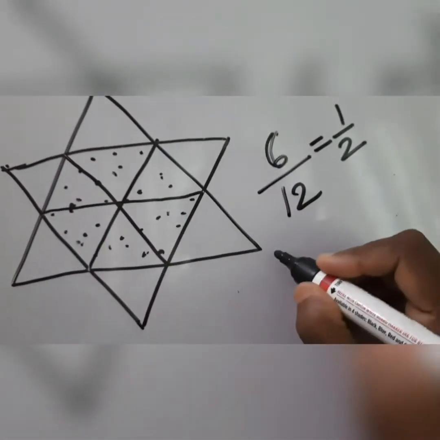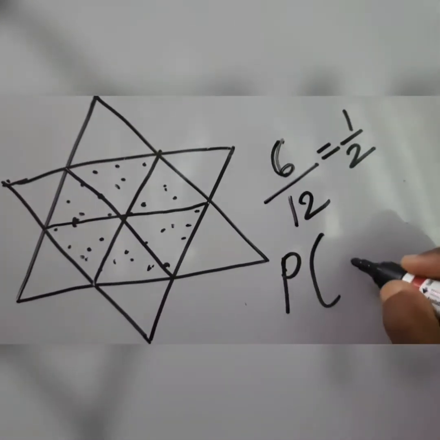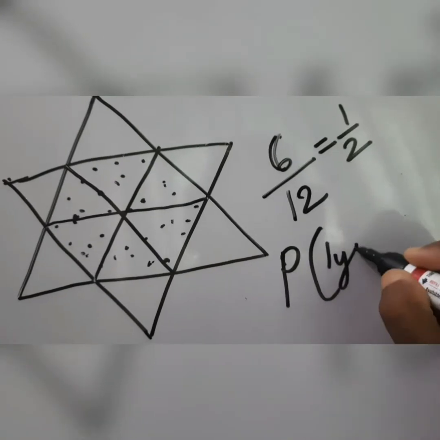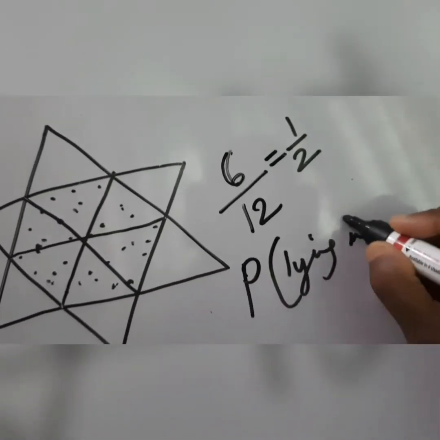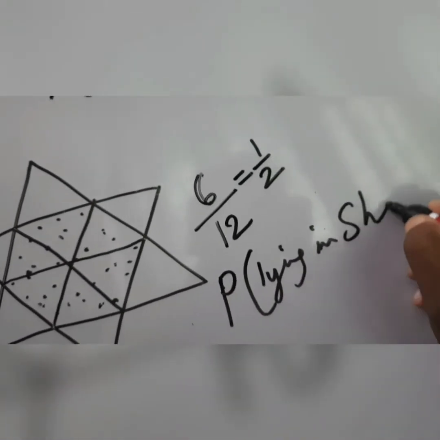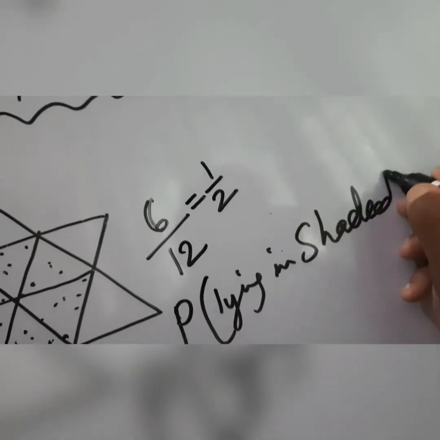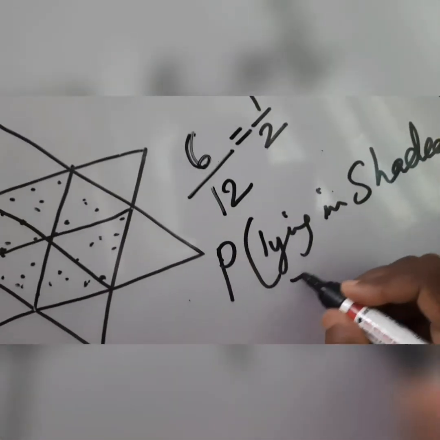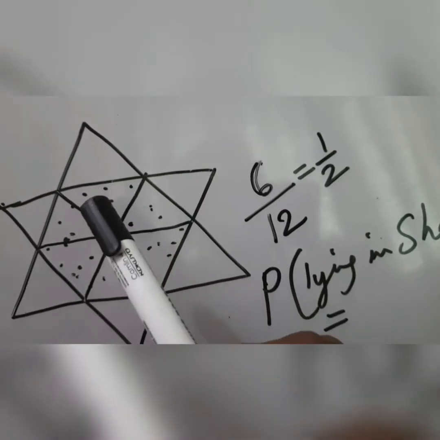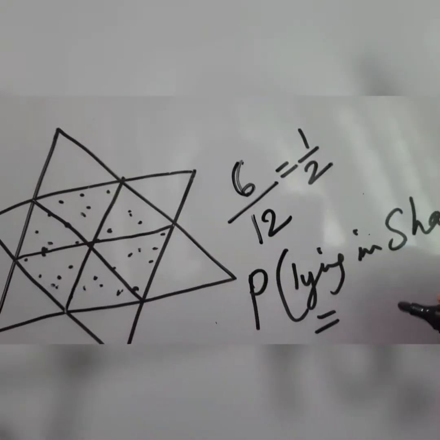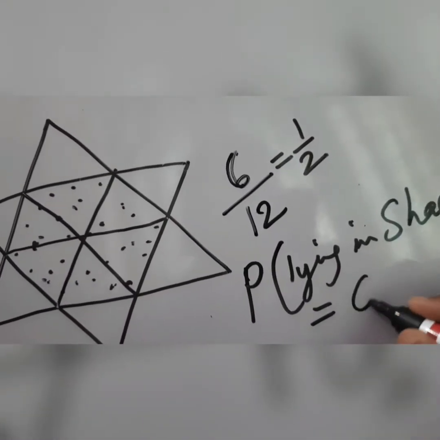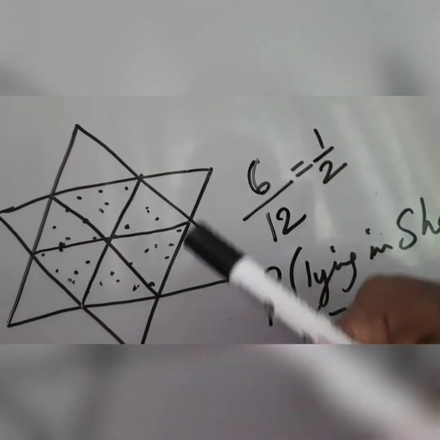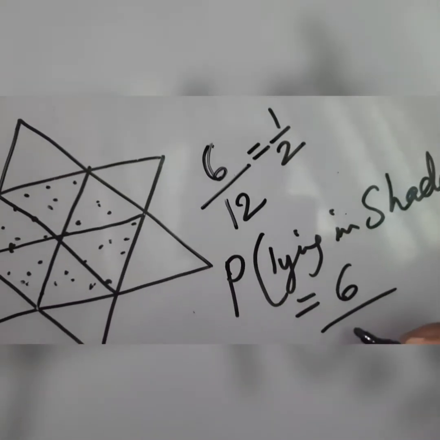This is same as the probability of the dot lying in the shaded part. What is that? The shaded part is this, that is 6. Total equal parts how much? 12.